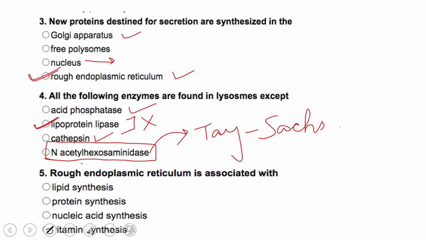This enzyme is responsible for the cleavage of cerebrosides and gangliosides. If this enzyme is absent, there is an excess accumulation of cerebrosides and gangliosides in the neurons, due to which mental retardation can occur or death can also occur. So the absence of N-acetyl hexosaminidase is referred to as Tay-Sachs disease.